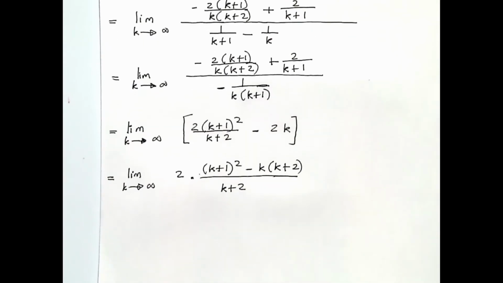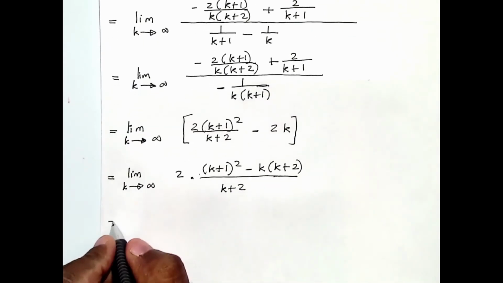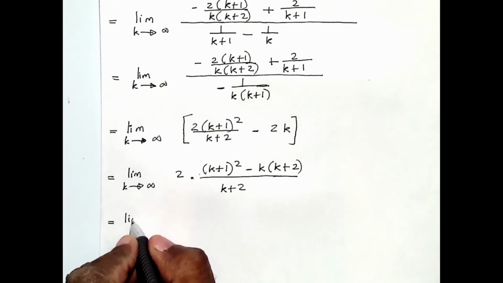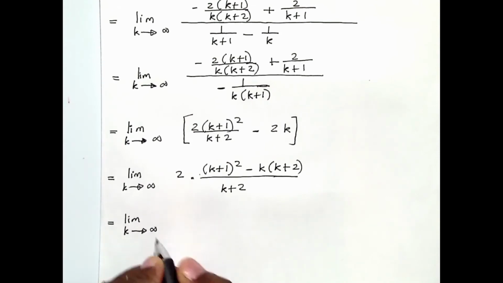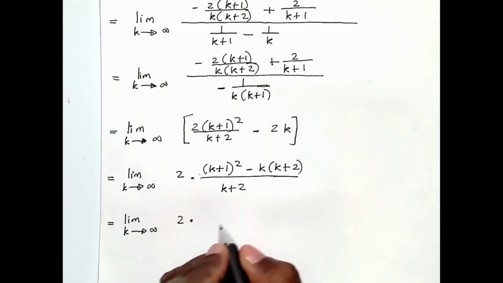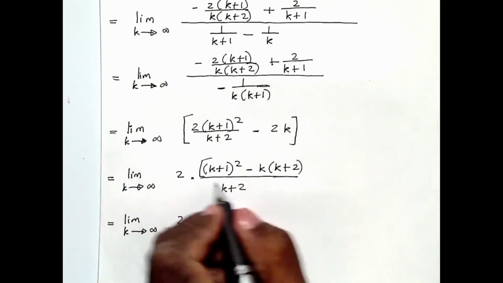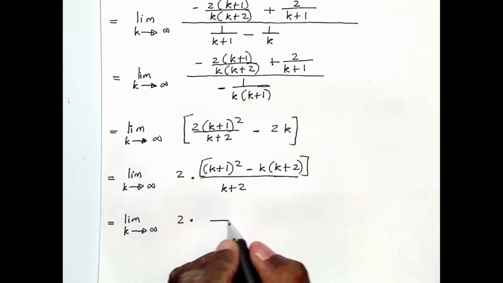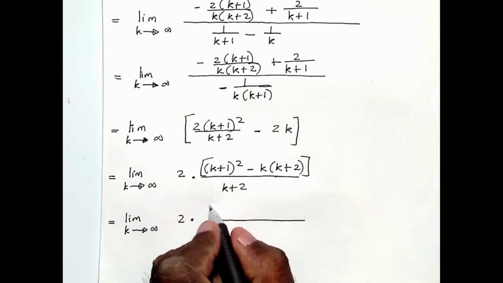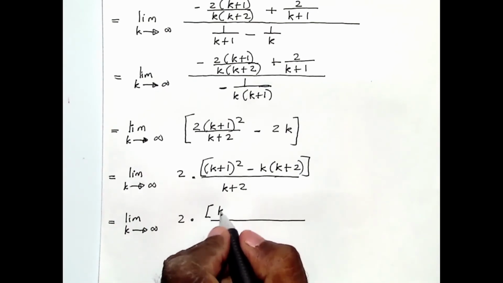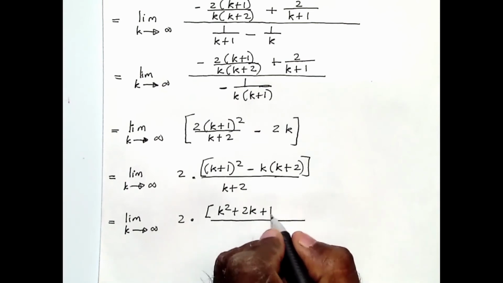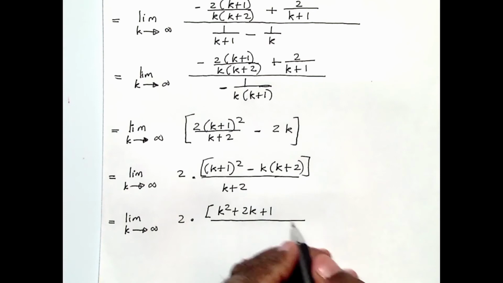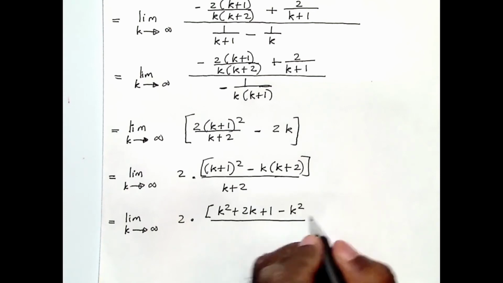So this is the limit as k goes to infinity of 2 times k plus 1 squared. If you expand that, you get k squared plus 2k plus 1, and if you expand this, you get minus k squared minus 2k.